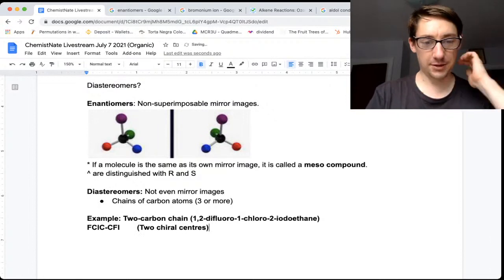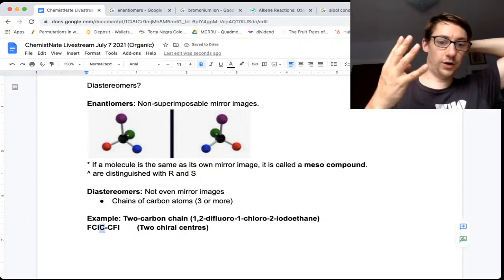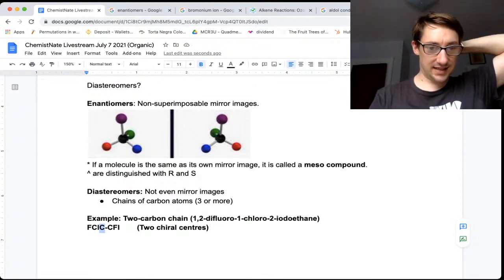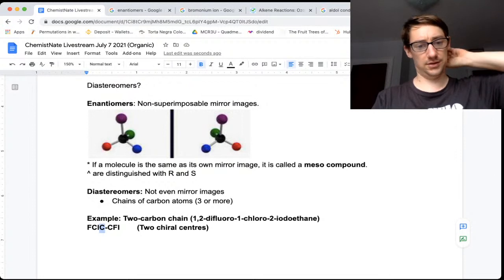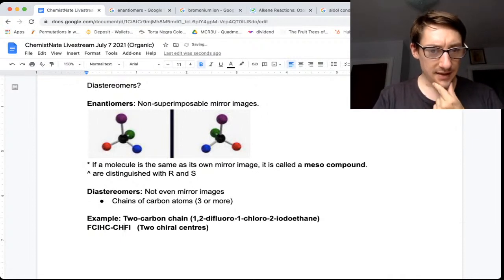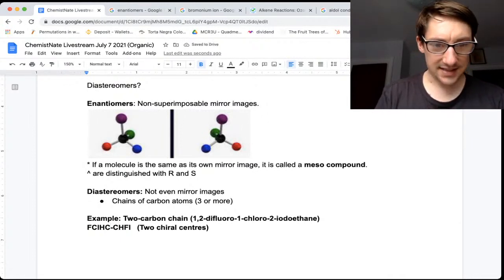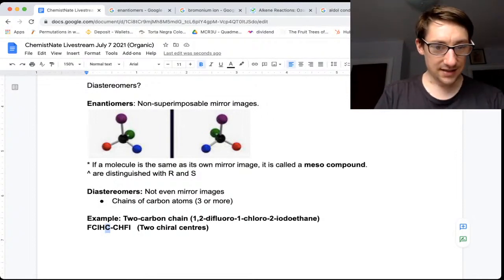And to the person who asked about chiral centers, I'm just making sure that this carbon has 4 different things attached to it. Oh, wait. I must have forgotten H's here. There we go. So this carbon has an F, a Cl, an H, and another carbon attached to it.